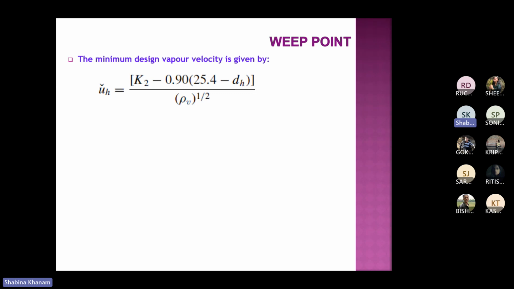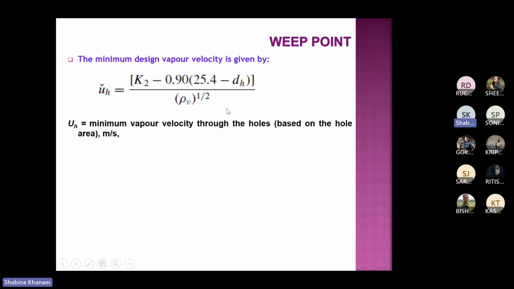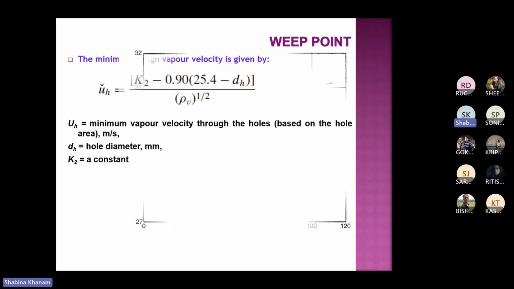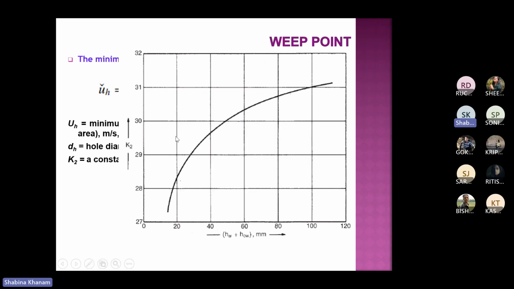UH is the minimum vapor velocity through the holes based on hole area. Then we have the hole diameter. K2 is the constant which we have already discussed, and you can obtain K2 from this graph.